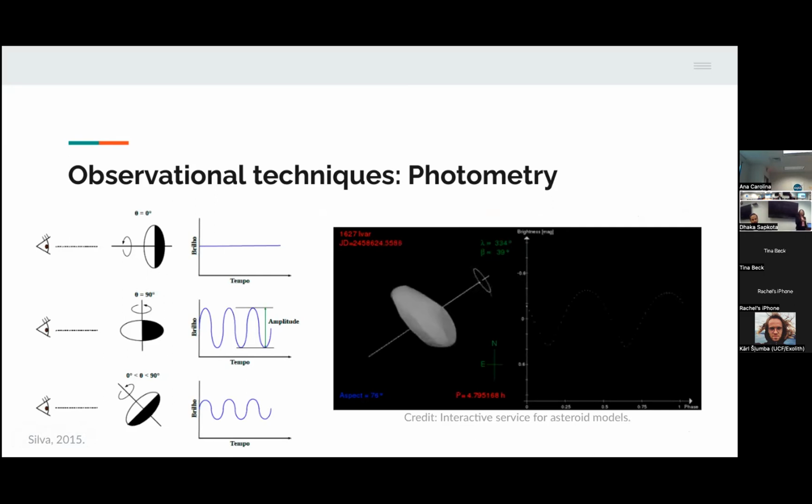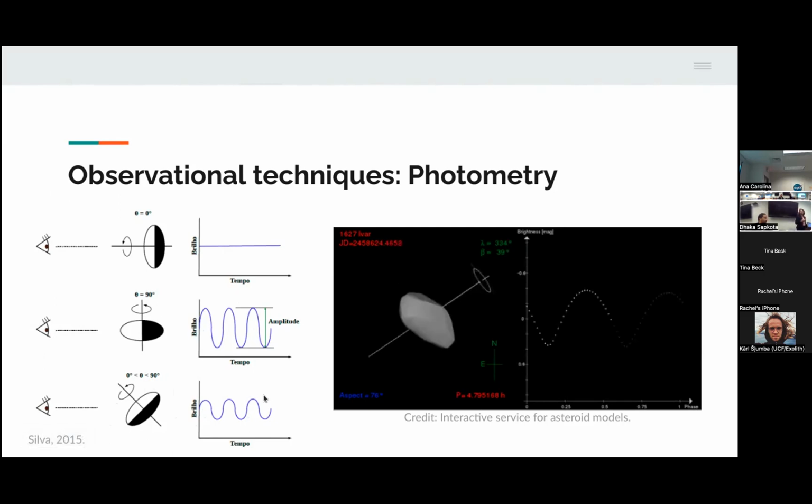Depending on the viewing geometry, for example, if we are looking at this body from the pole, we will not see any variation in the brightness of the object, but if the object is at an angle of 90 degrees, we will see the maximum variation in brightness. And if it is at an intermediate angle, we will see changes in maximums and minimums.